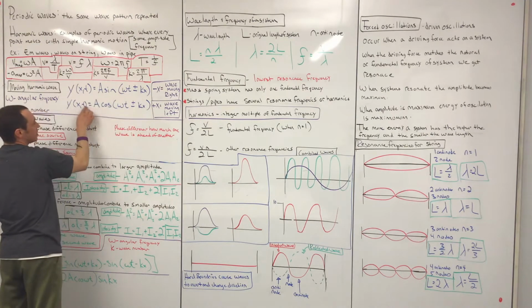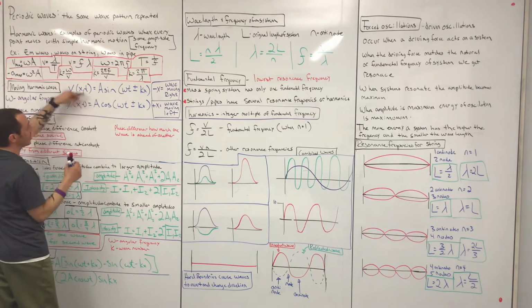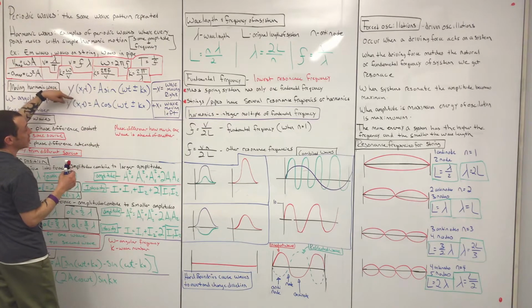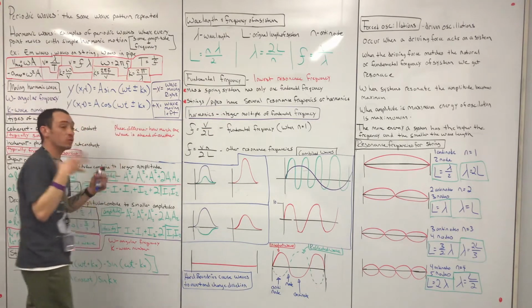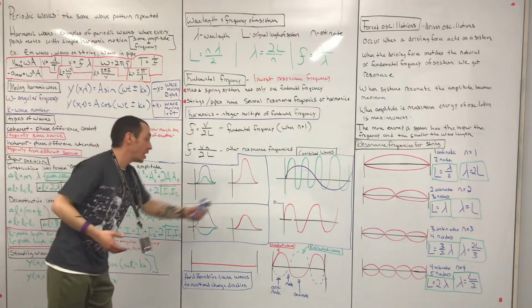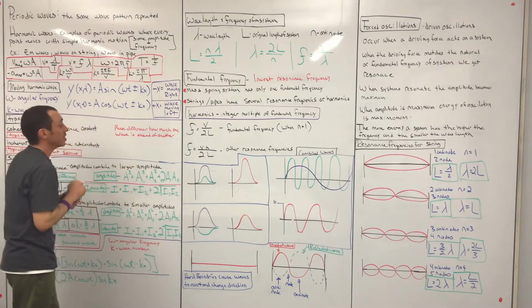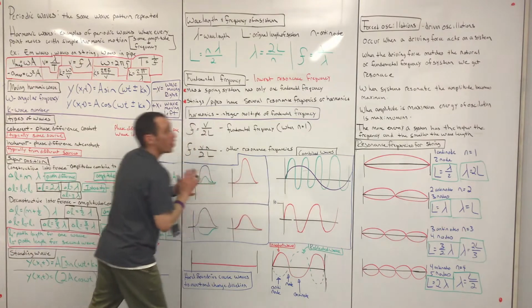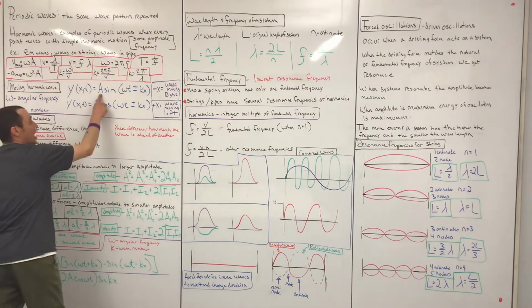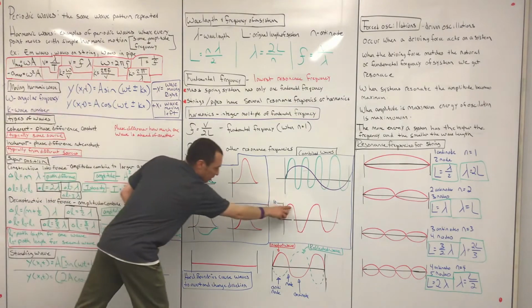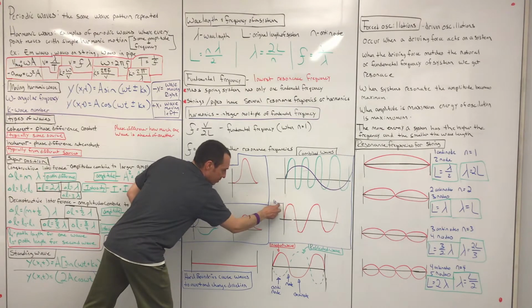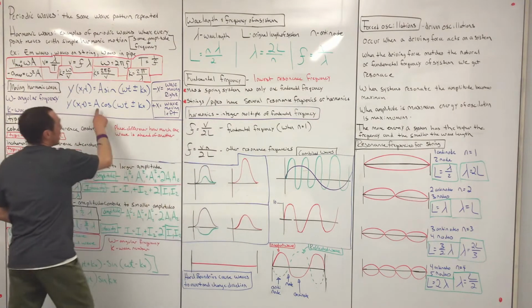X and t, since either one of these templates is a function of x and t, don't get numbers in here, because they're going to function on x and t. So A needs to have a number, the amplitude. What will be the number? Whatever it is right here. That's the max amplitude, okay?